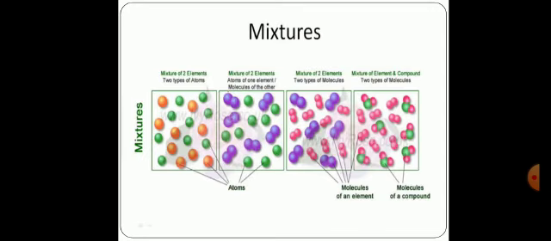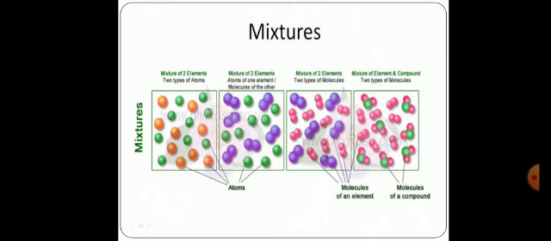Now you can see on your screen, as the name indicates, two or more substances combine together to form a mixture, and this mixture is a physical mixing. In the first block you can see a mixture of two types of atoms.